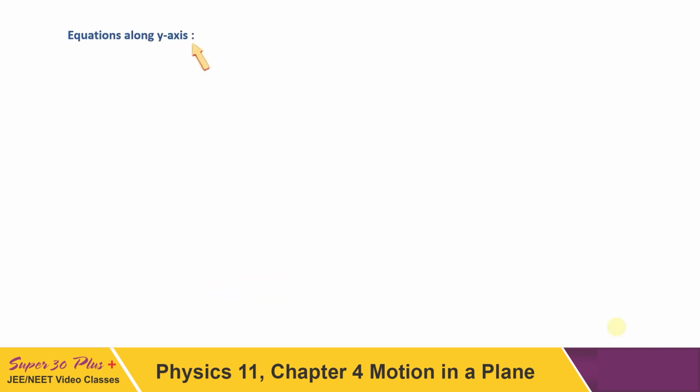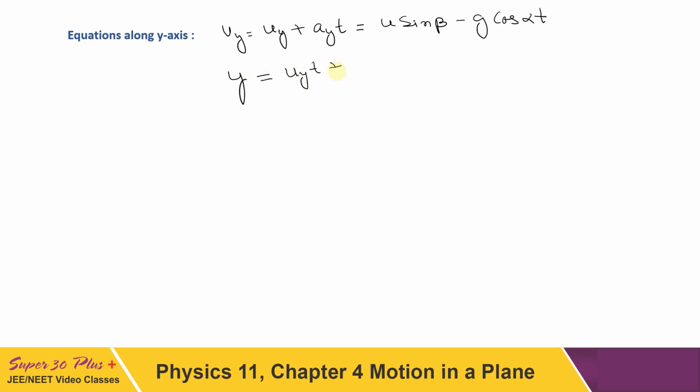Along the y-axis, vy is uy plus ayt, which can be written as u sin beta minus g cos alpha t. And displacement along the y-axis is uyt plus half ayt square, that is equal to u sin beta t minus half g cos alpha t square.